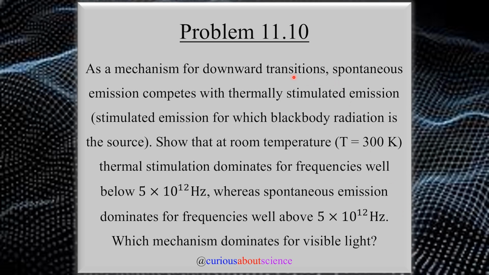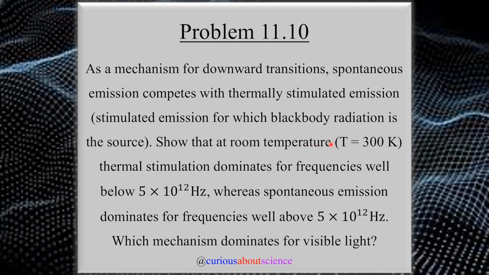Okay, so in problem 11.10, we're now in the emission section of chapter 11. What we're talking about here is that we want to find, as a mechanism for downward transition from an excited to a lesser excited state, spontaneous emission competes with thermal stimulated emission for which blackbody radiation is the source.